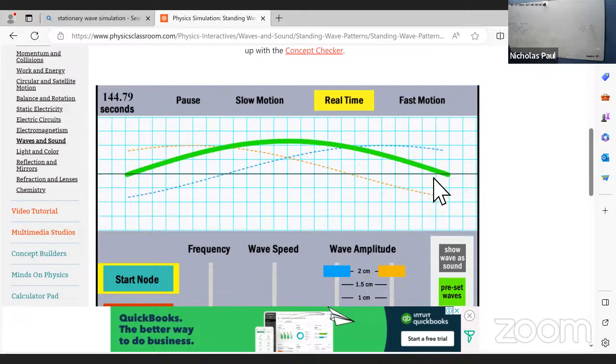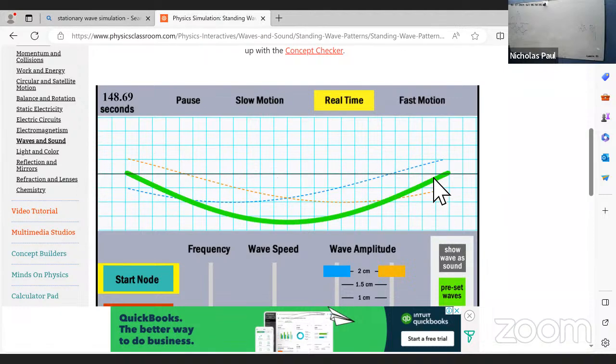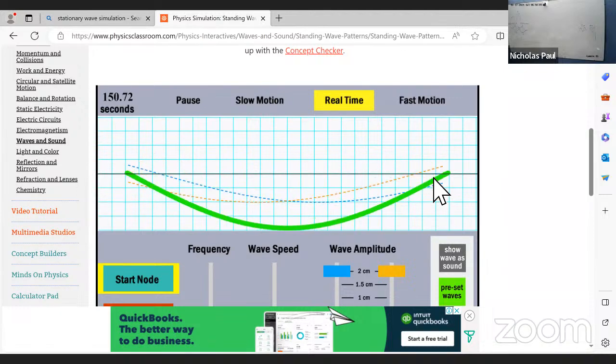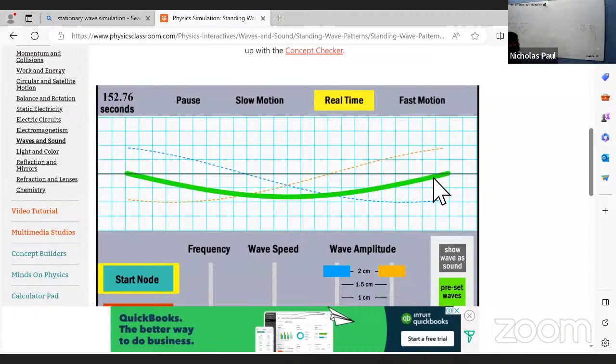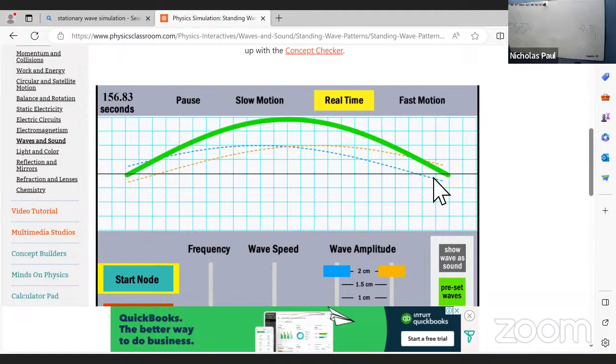All right, so that stationary wave is seen there. That is called your fundamental. That's your fundamental stationary wave, or sometimes called your first harmonic.